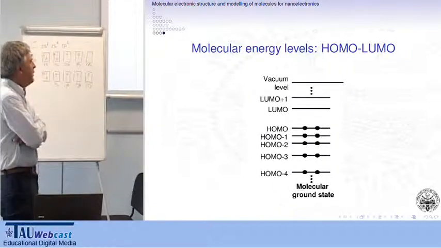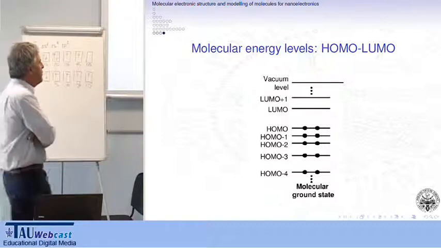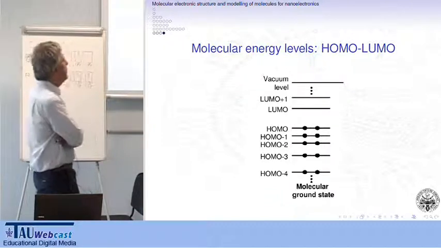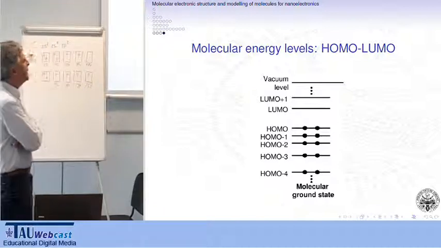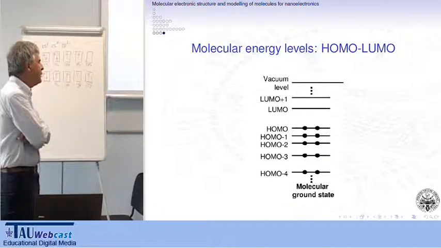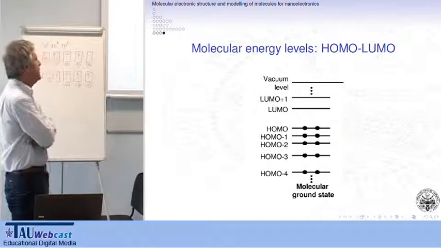It's quite clear that starting from a description of the molecule in terms of atoms and their positions in space, the simulator can produce molecular orbitals and associate an energy to each orbital.